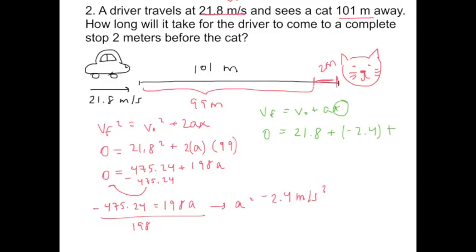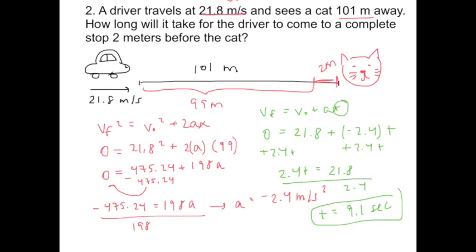So now we're going to add 2.4t to both sides. We get 2.4t equals 21.8. Divide the whole thing by 2.4, and we get that t equals 9.1 seconds. That's the entire time it takes for the driver to stop.